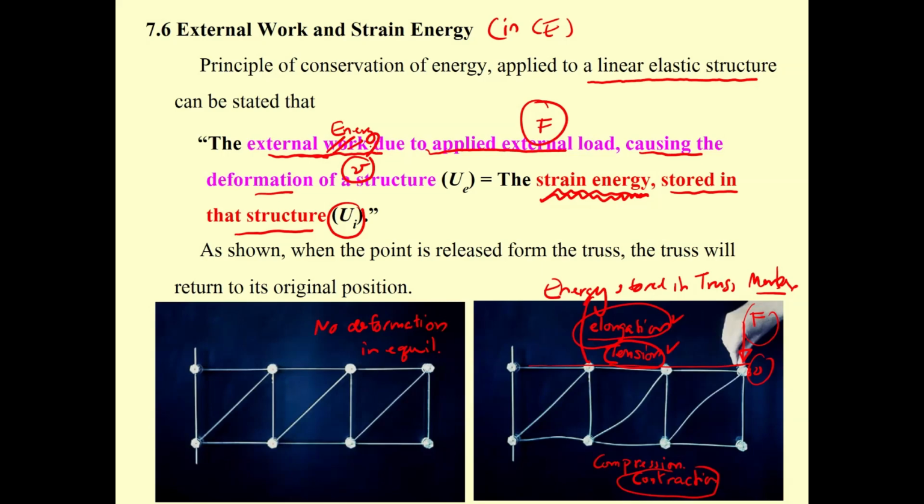Actually, it's external work with the direction inverted. You get external energy, and it's going to be equal to the energy stored in the truss member. Following this concept, we will use it later to develop the virtual work.